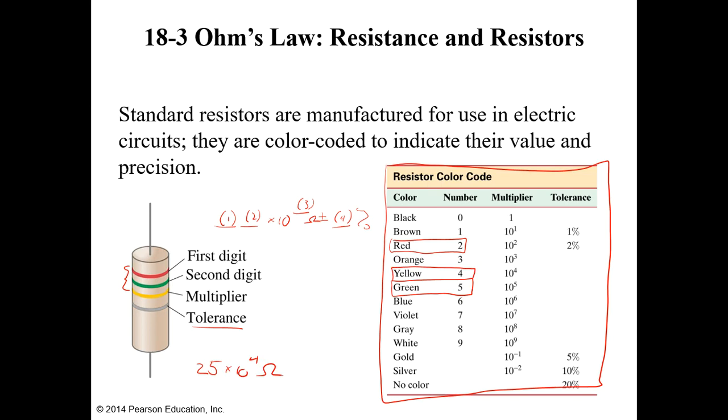That would be 250,000 ohms. And the tolerance is silver. So the tolerance is over here, 10%. So this is plus or minus 10%. And that is how you determine the resistor that you're looking at based on the color codes.